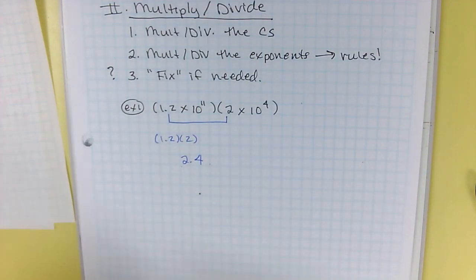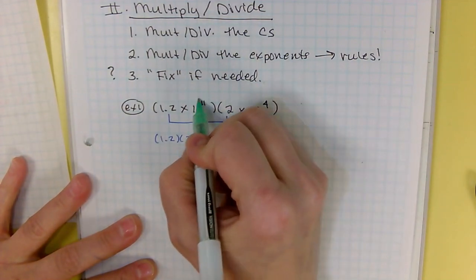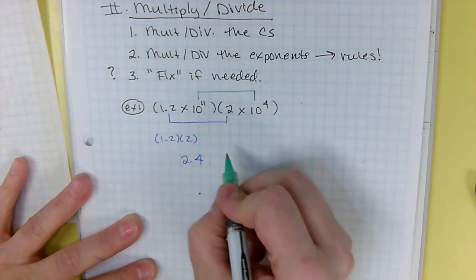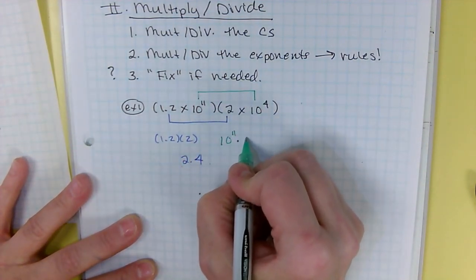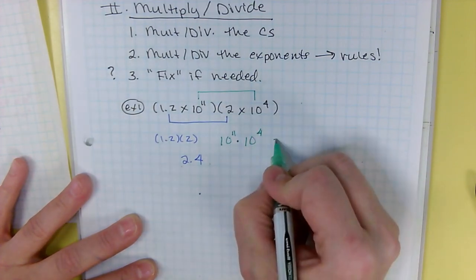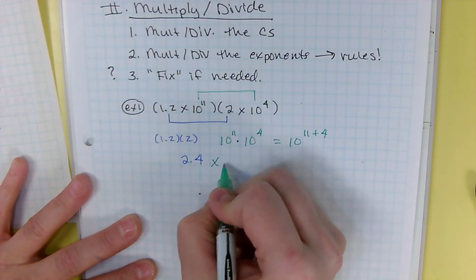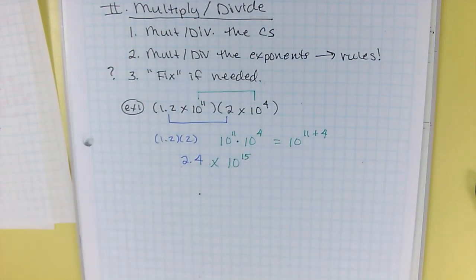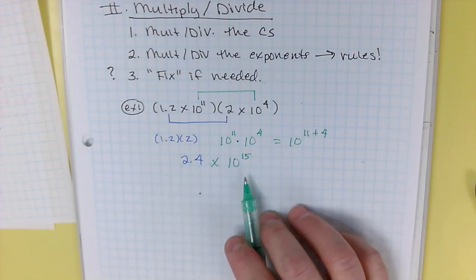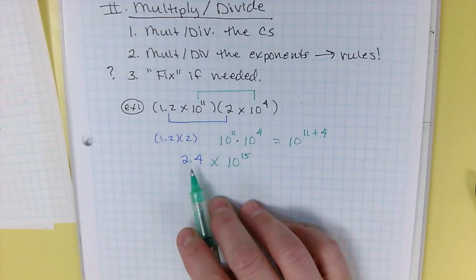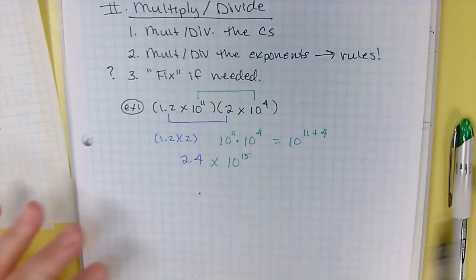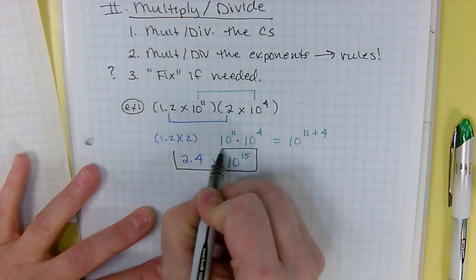And then you're going to multiply the 10s using your exponent rule. So 10 to the 11th times 10 to the 4th is 10 to the 11 plus 4, which is 10 to the 15. That's just your simple multiplication rule. And now we look. The power is positive, that's good. And 2.4 is between 1 and 10, so we are done.